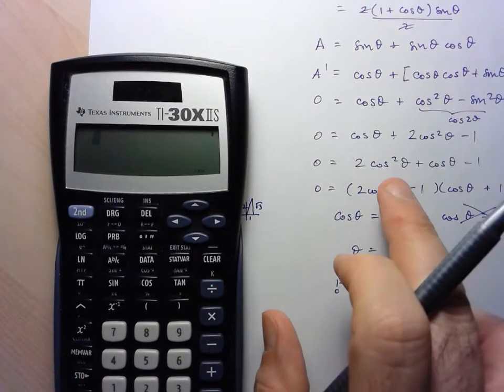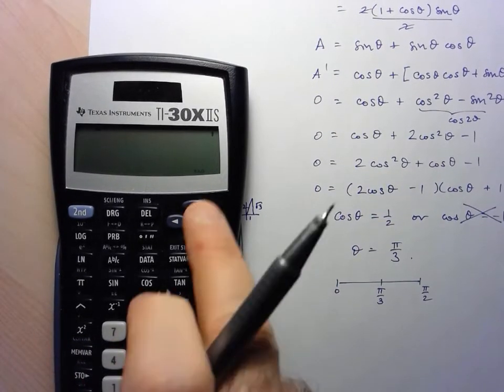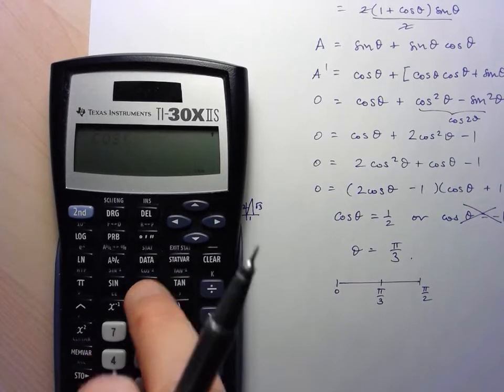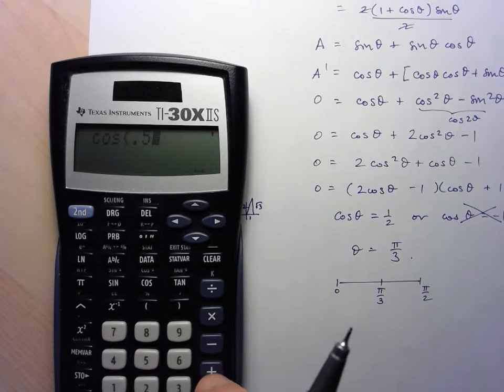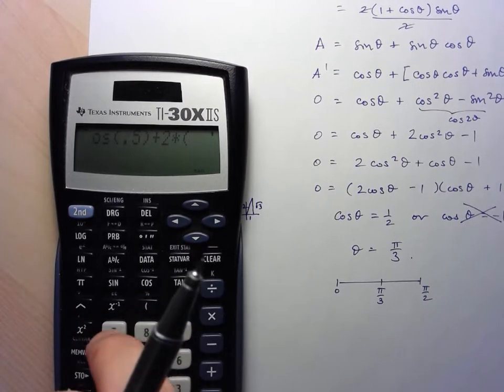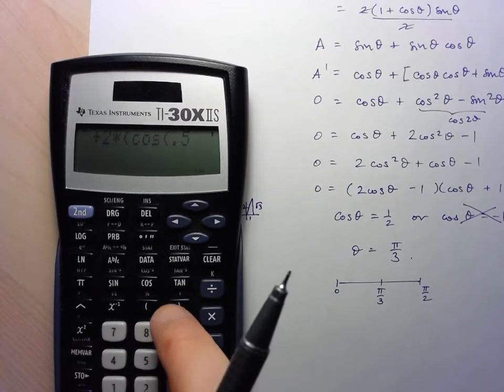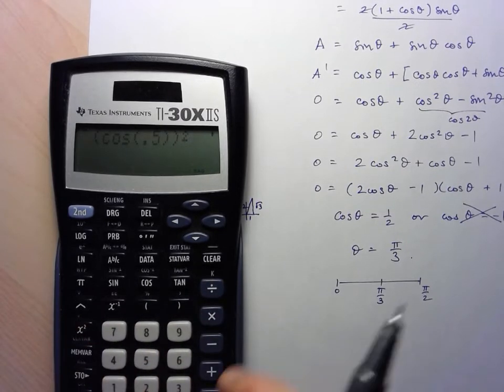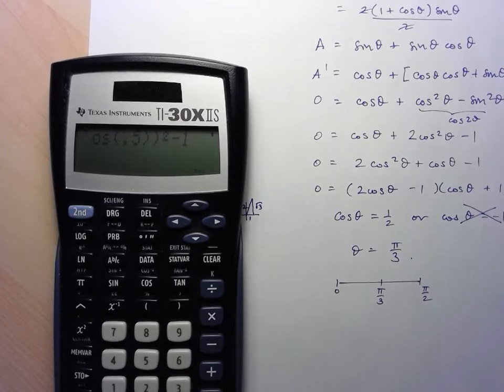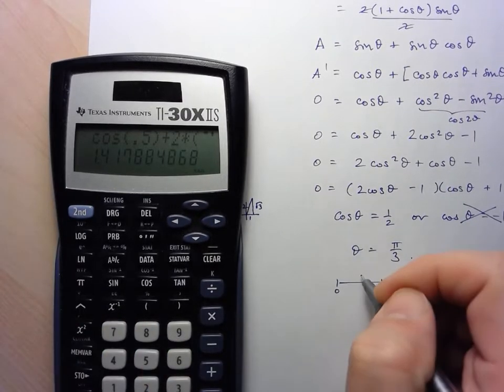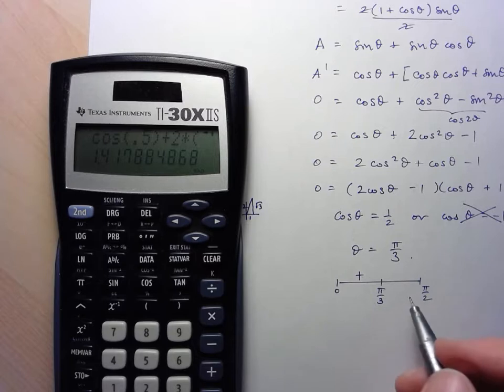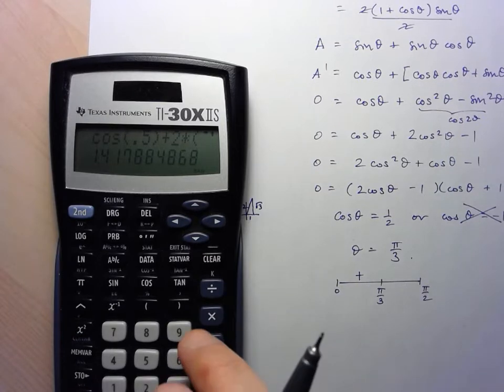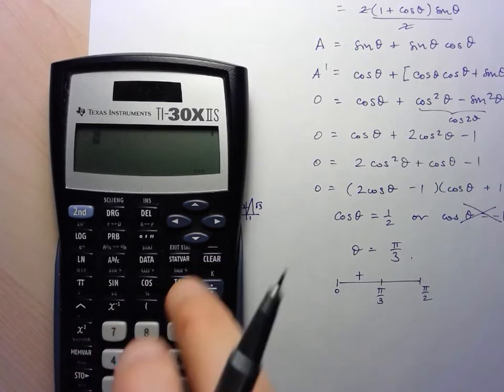So here we have cos of 0.5, and make sure the calculator's in radians, plus 2 times cos of 0.5 all squared, and then minus 1. And we get a positive number, so that's a good start. And now here, pi over 2 is about 1.5, so let's take 1.4 for the other side.